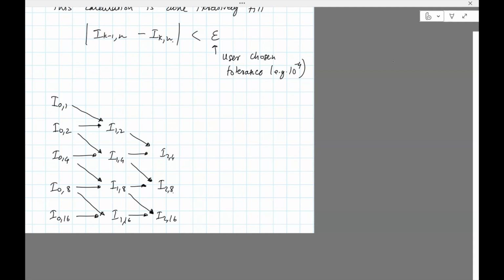Okay, then if you're still not happy with the accuracy or you don't get convergence, you can do this again. And then the last one you can calculate here is I4,16.